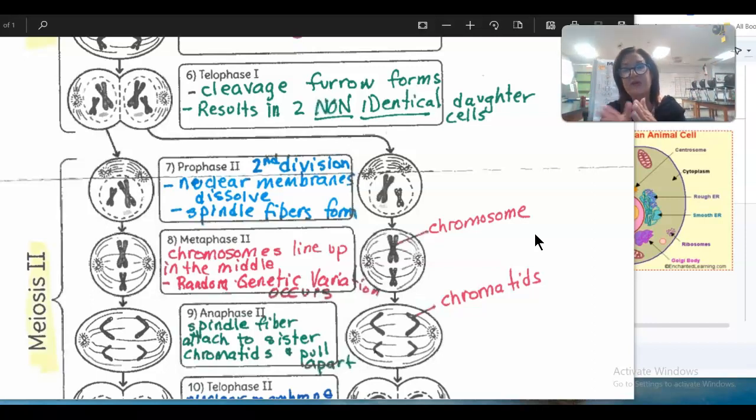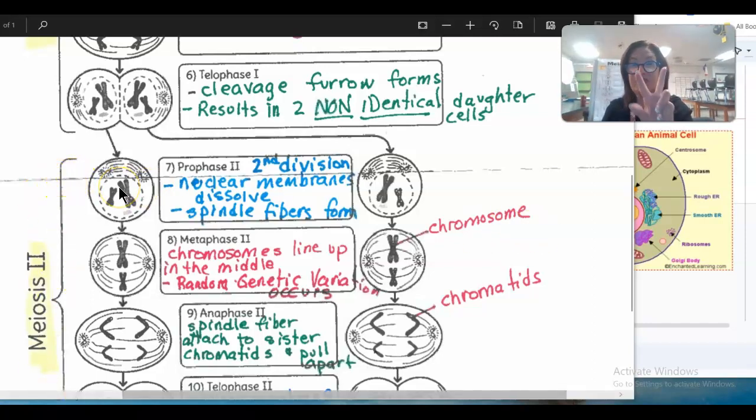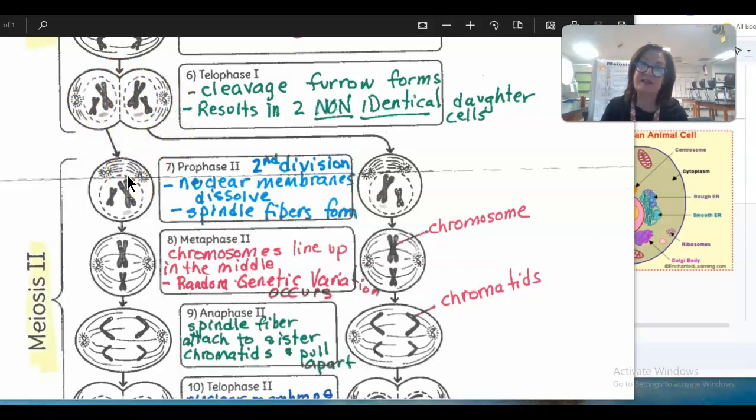But this time we are separating the chromatids, not the full chromosomes, because we already did that. So in this one, you can see how I have 2 cells now, right? This is the same process. Okay, so I go through prophase 2, that's indicating this is my second part of meiosis, meiosis 2.